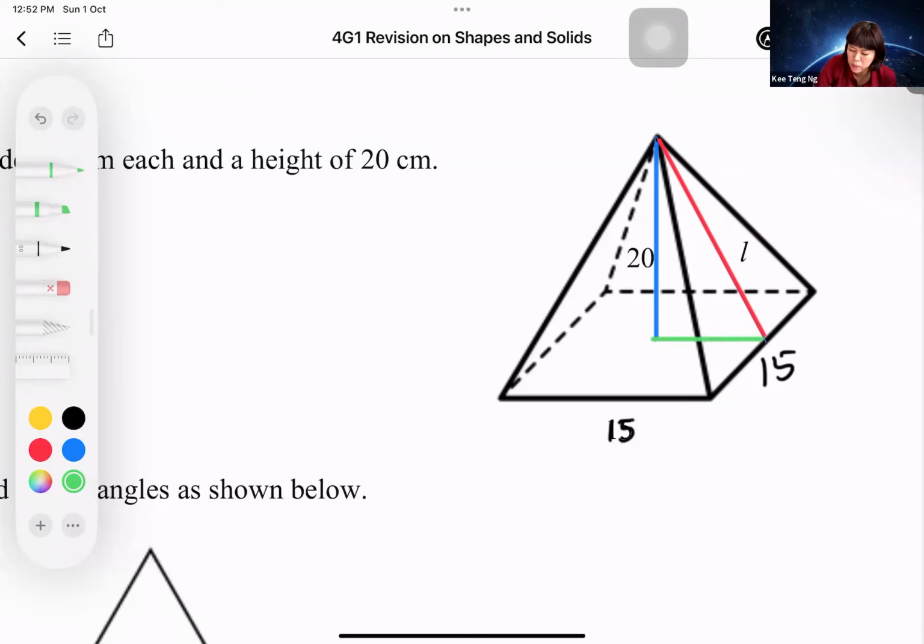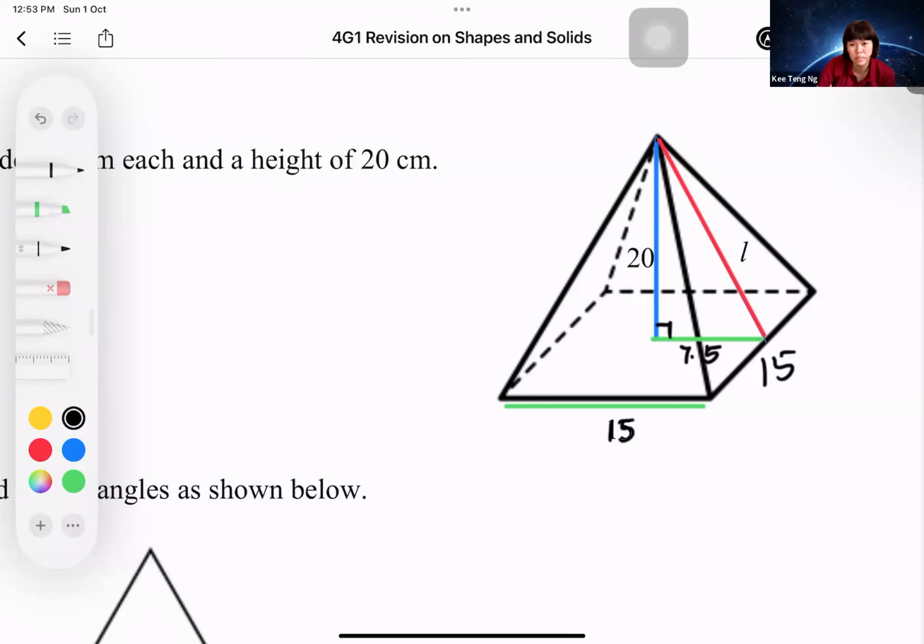How much will this be? The whole thing over here is 15. How much will this short one in the middle here be? This one will be 15 divided by 2. That gives me 7.5 cm. So this one you must know, and then this is going to be your slant height. So you can use Pythagoras theorem to help you find your slant height.